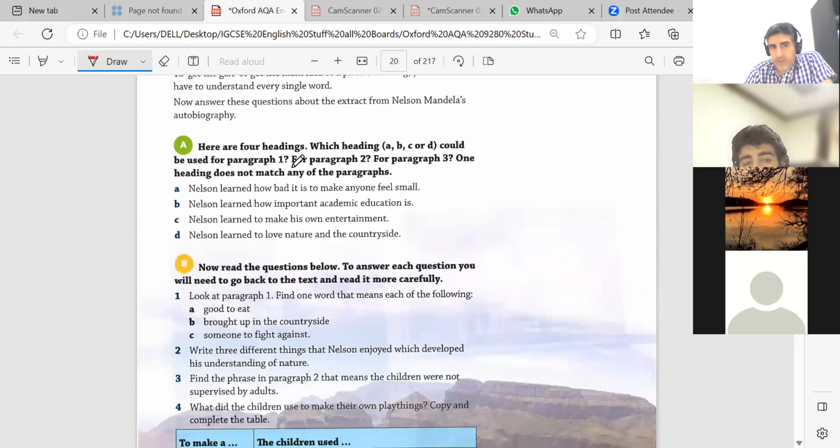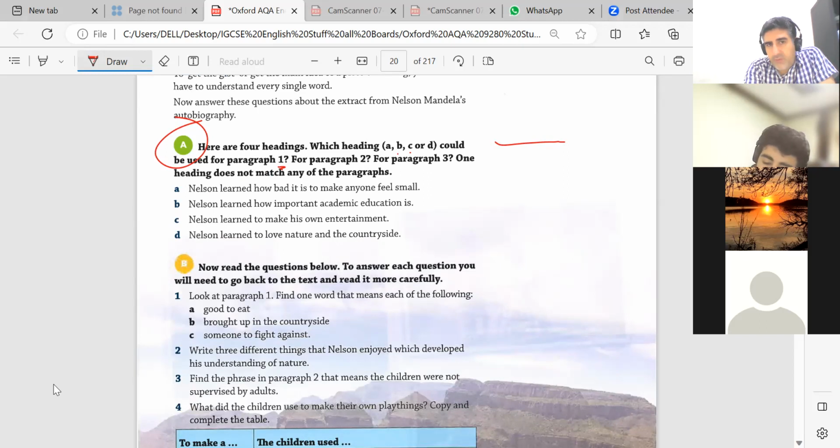Now, exercise A. After skimming, I give you 2 minutes, 3 minutes. Match the answers. Which heading, A, B, C, or D, could be used for paragraph 1, paragraph 2, paragraph 3, and one heading doesn't match any of the paragraphs.